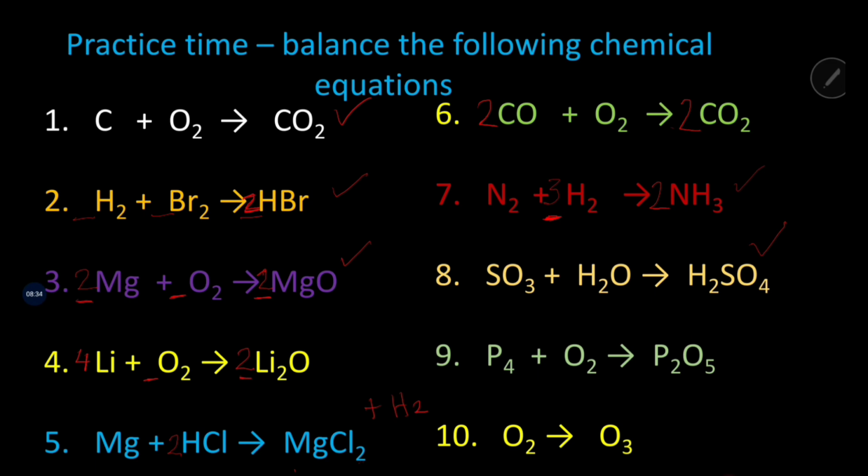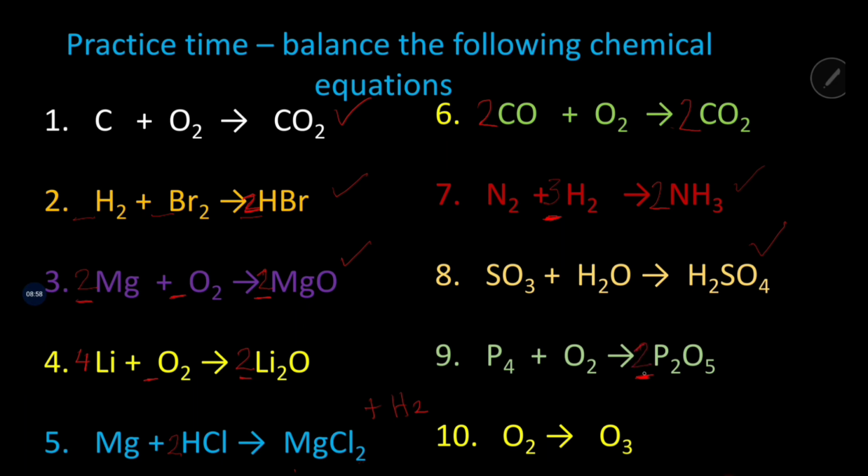P4 plus O2, P2O5. There's 4 of the phosphorus here. There's only 2 of the phosphorus on the right hand side. So what number must I place here to balance the phosphorus? There's 4 here and there's only 2. I need to multiply by 2.